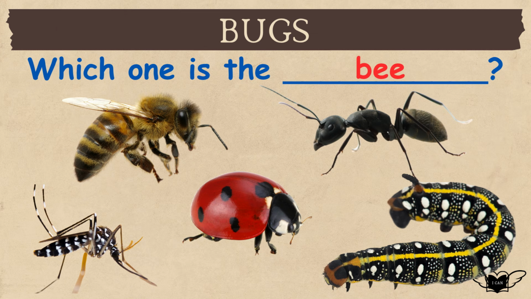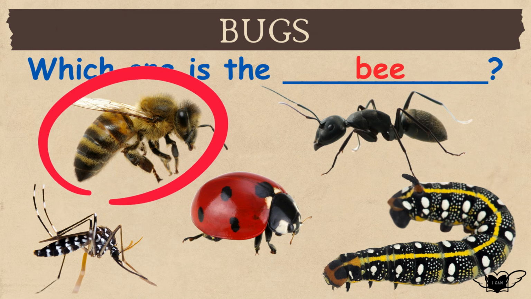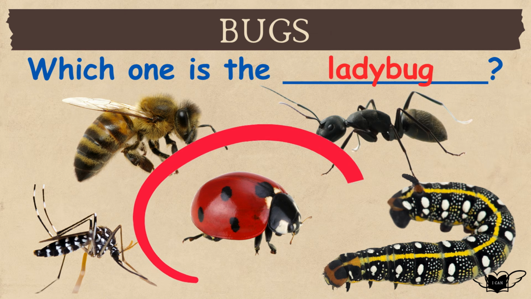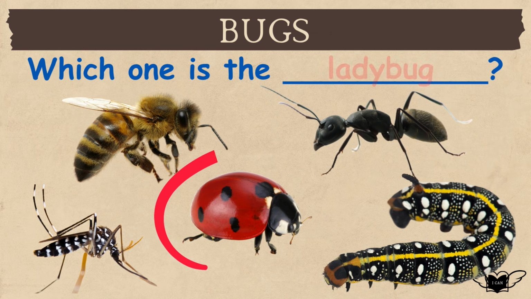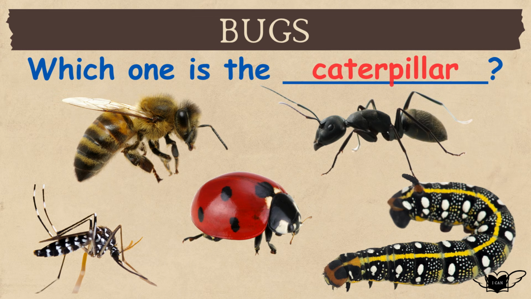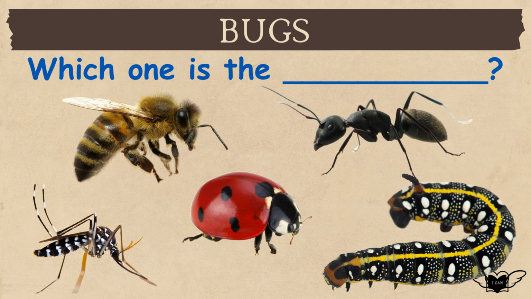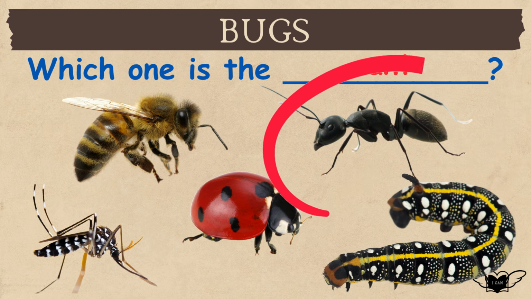Which one is the bee? This. Which one is the ladybug? This. Which one is the caterpillar? This. Which one is the ant? This.